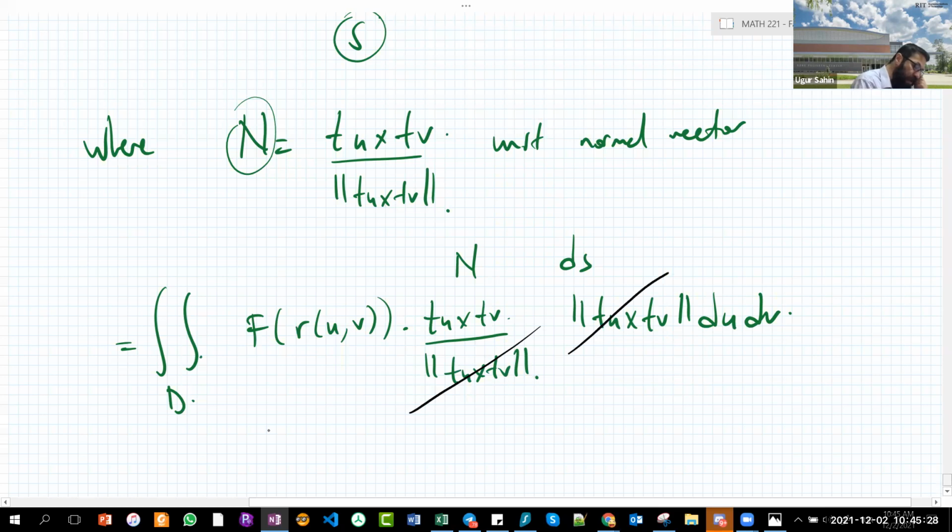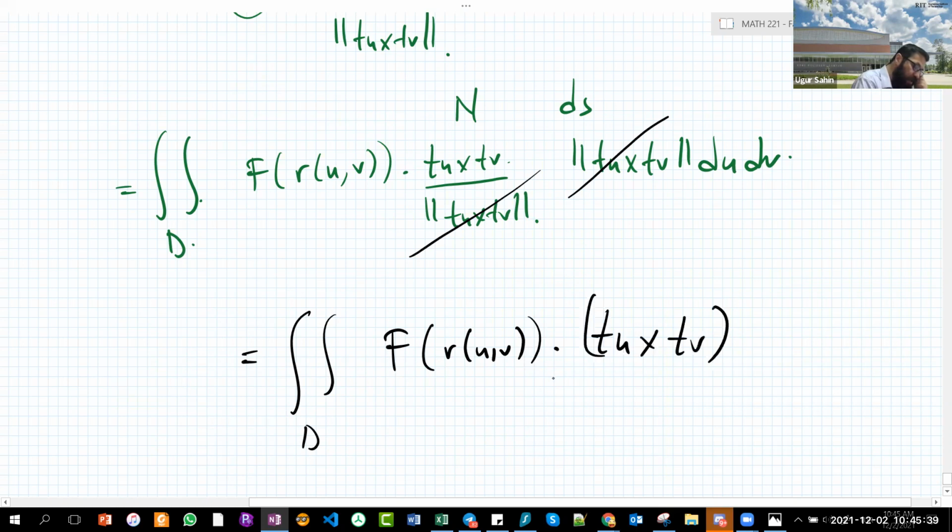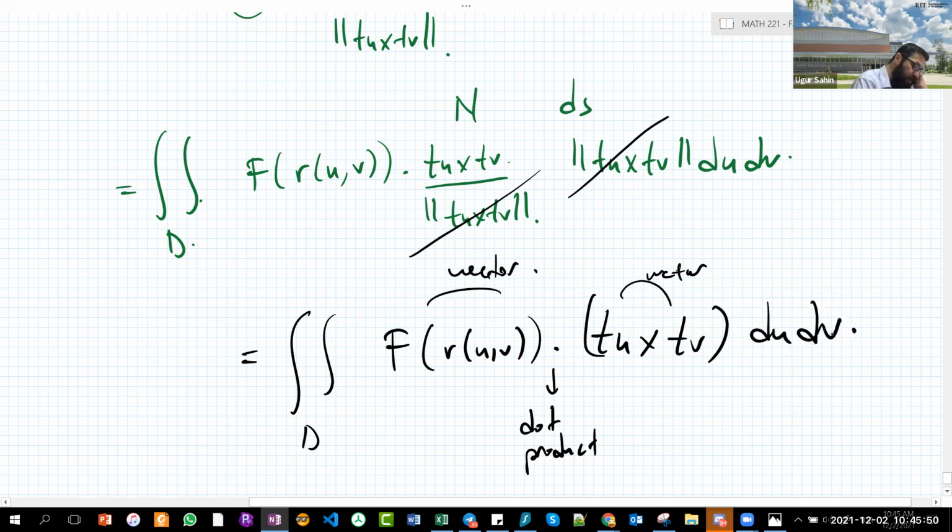If you cancel them out, you can calculate the surface integral for a vector field this way, with tu times tv. Look at the dot product: since this is a vector and this is also a vector, you can multiply them with a dot product, and then it's going to be du dv.